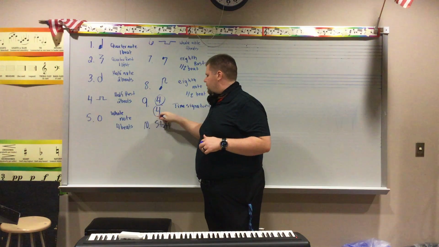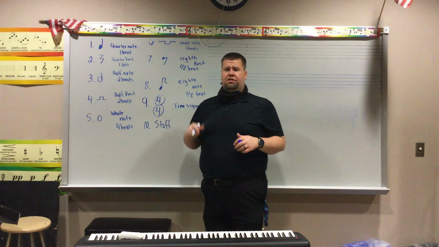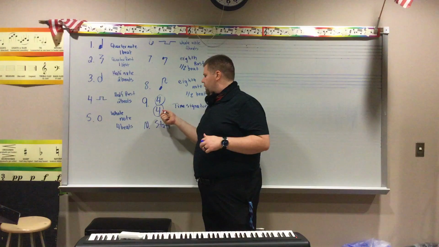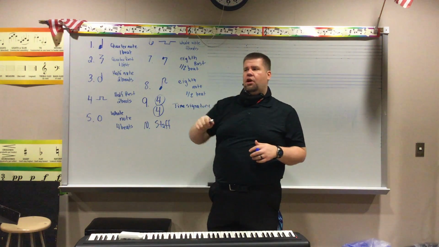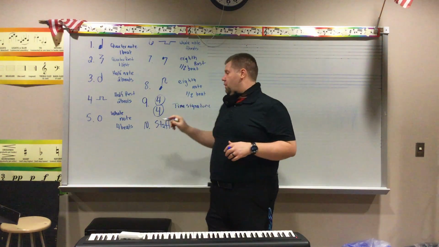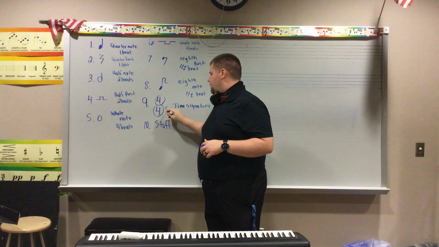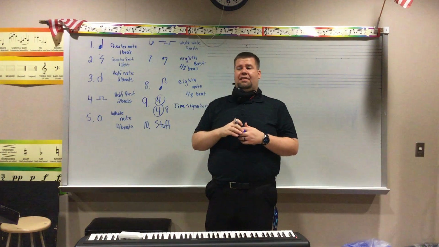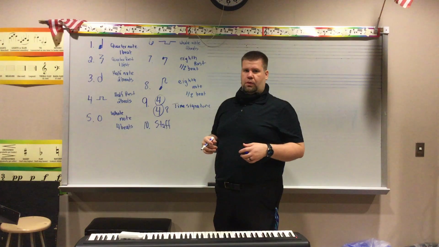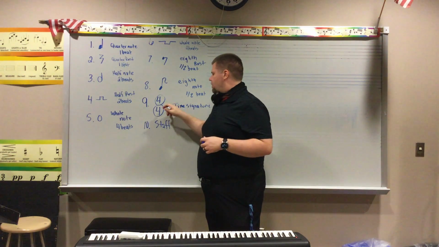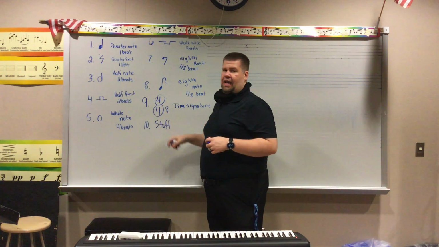The bottom tells me what note is going to get the beat. For example, if it's 4 here, it would be the quarter note because it takes 4 quarter notes to go into a whole note. If there was an 8 here, it would be the 8th note because it takes 8 eighth notes to get into a whole note. Usually we see a lot more of the 4 and the 8.